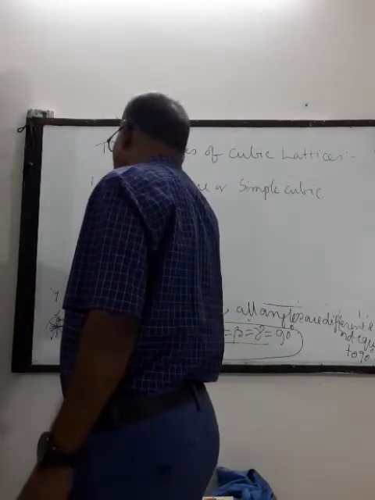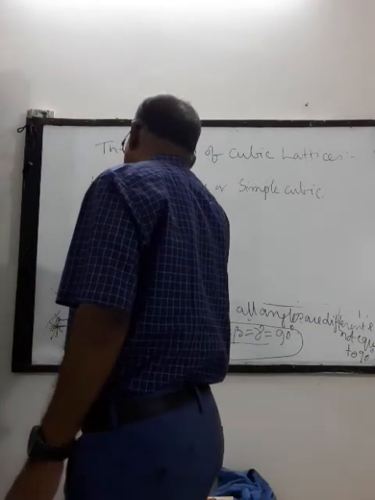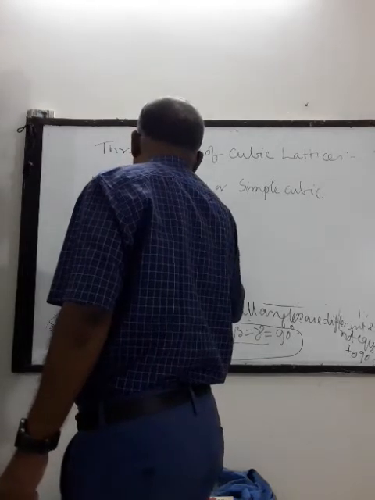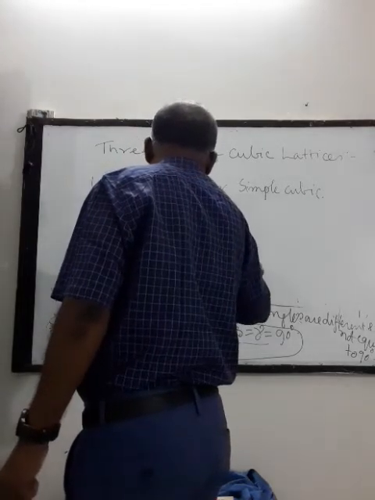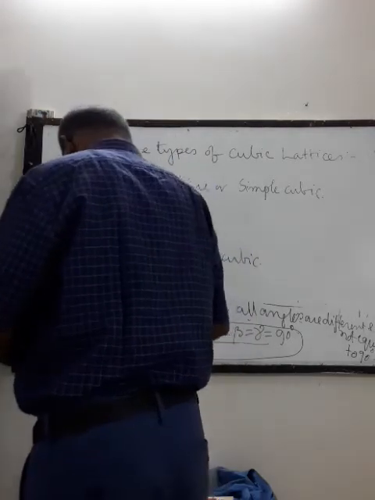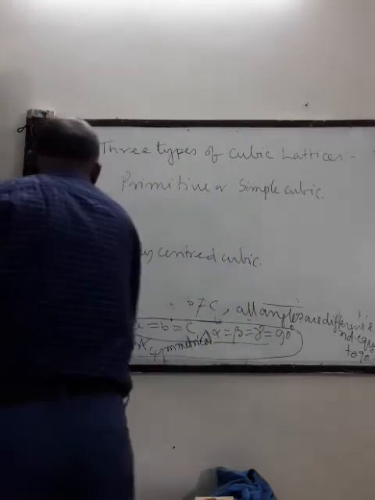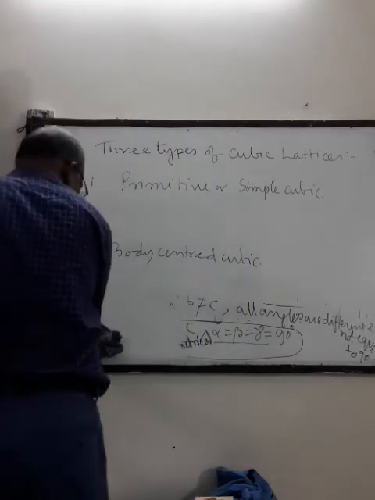Second one is called body centered cubic, and third one is called face centered cubic.